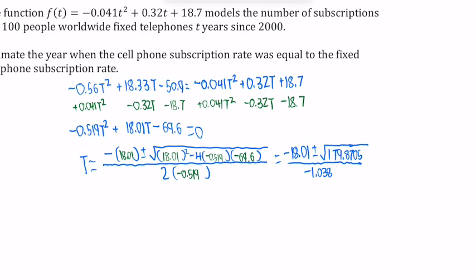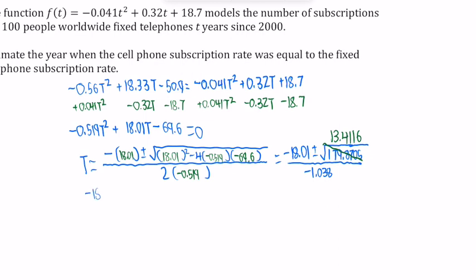And then I'll calculate that square root on the top. The square root of 179.8705 ends up being about 13.4116, just to round it off to several decimal places. Now it could be a plus or a minus on the top, so I have to consider both possibilities.